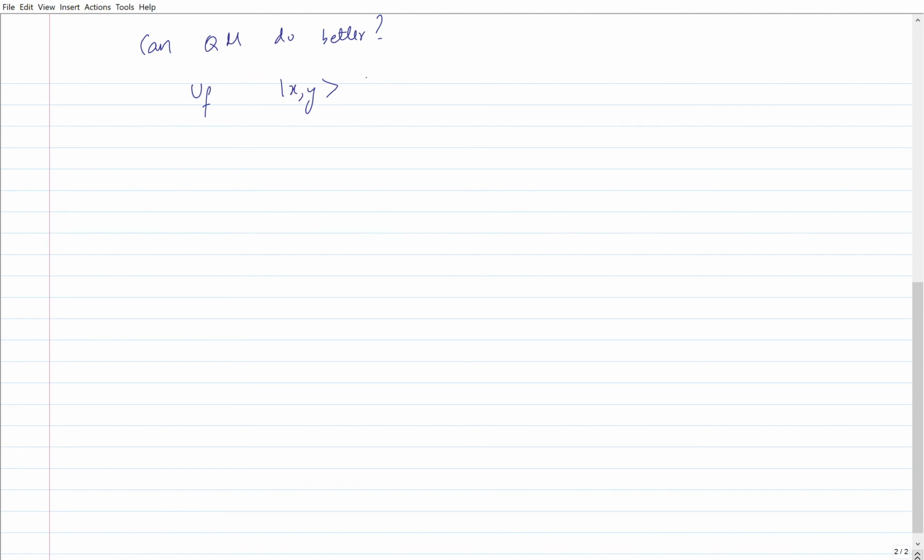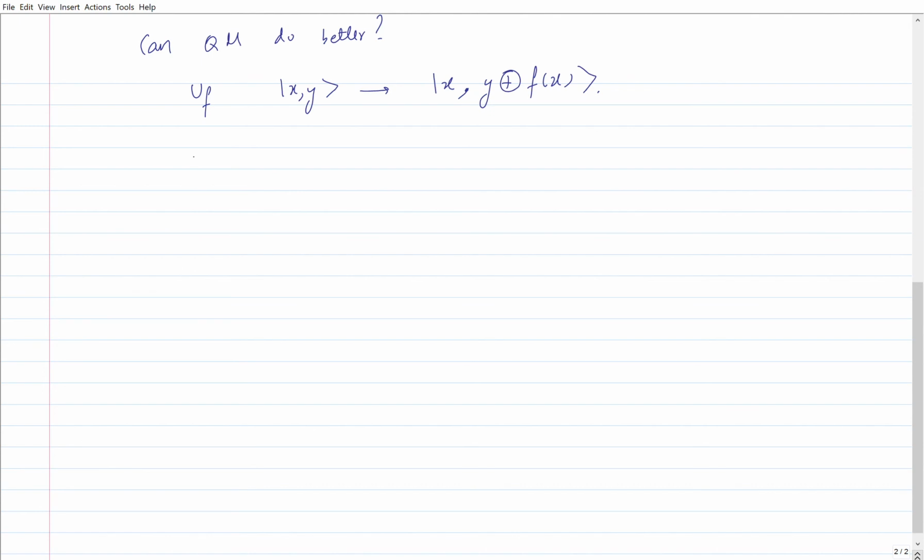These are 2 qubits, and it gives me x and the binary addition y plus f(x). So that's the unitary operator I'm going to be interested in.